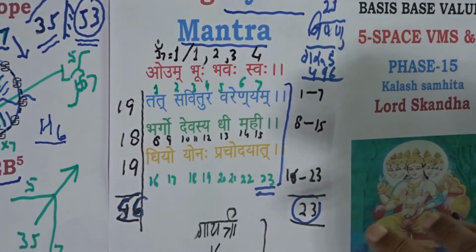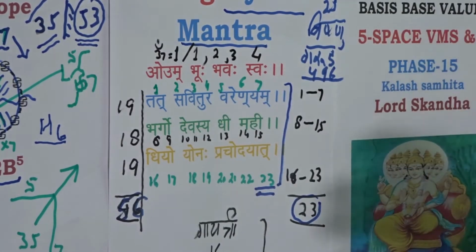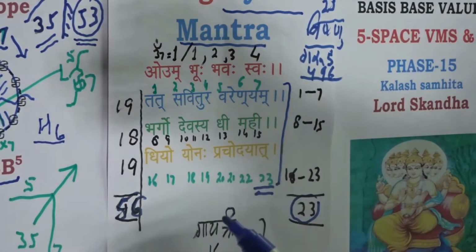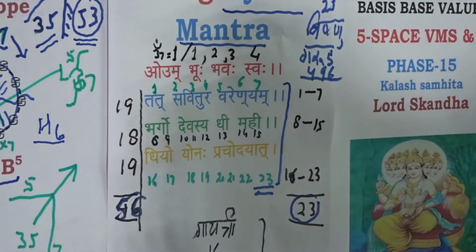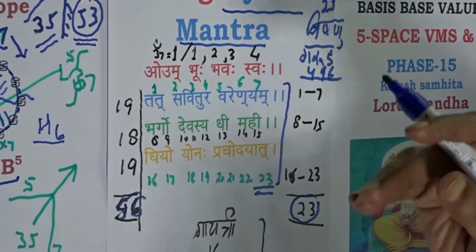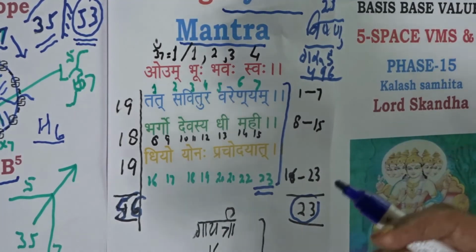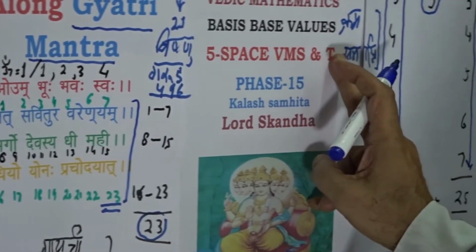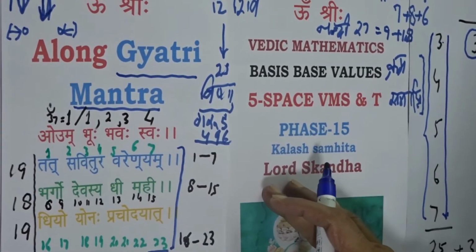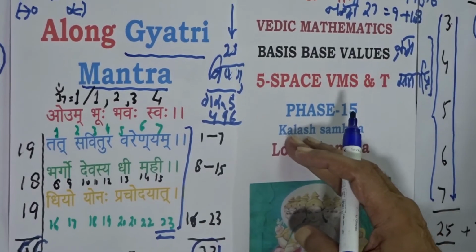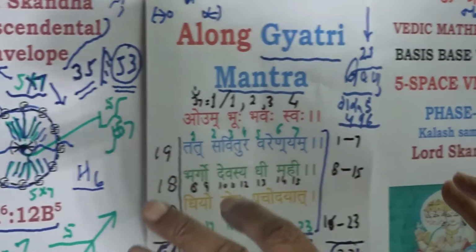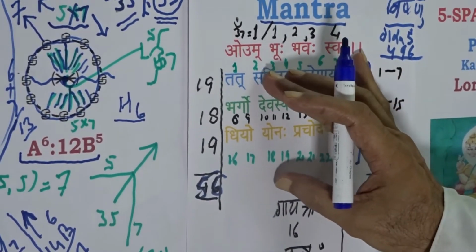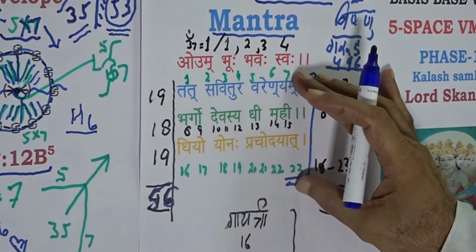to face to have the appreciation as to how the sadhakas, imbibing the transcendental code values and being face to face with the 5 space VMST format of the enlightenment of Lord Skanda of a Kailash Samhita, can reach at the whole range of Vedic mantras.